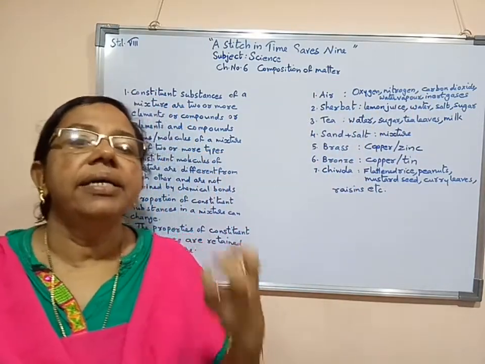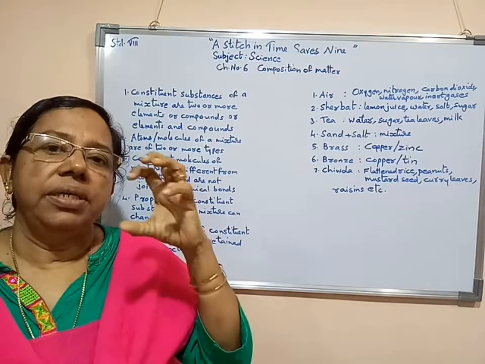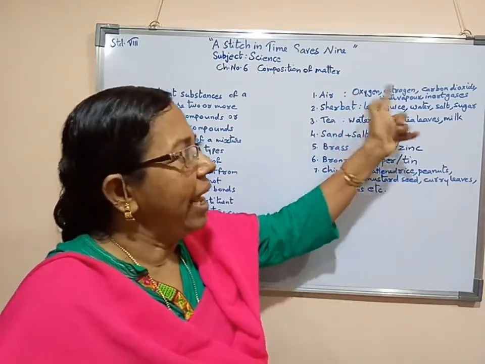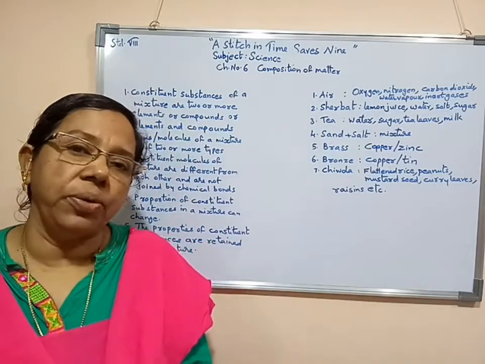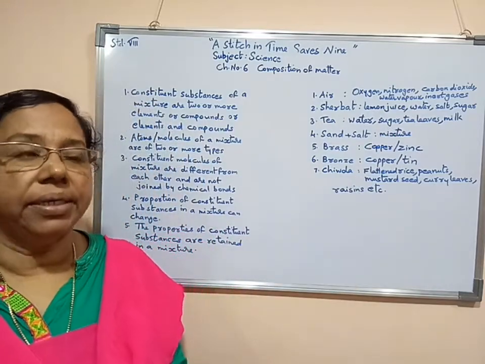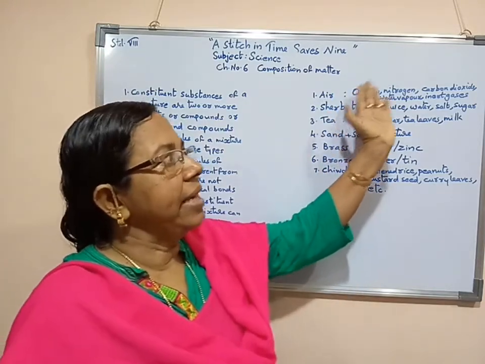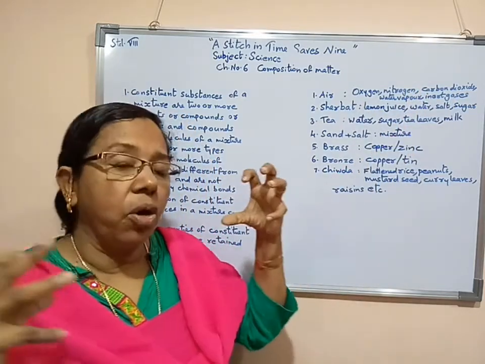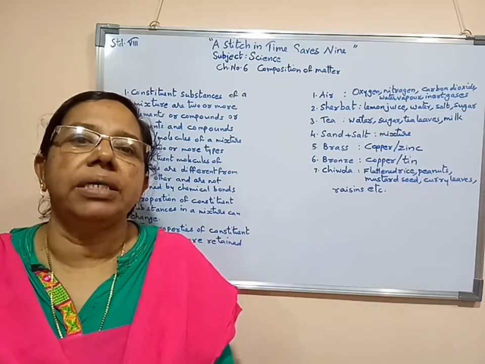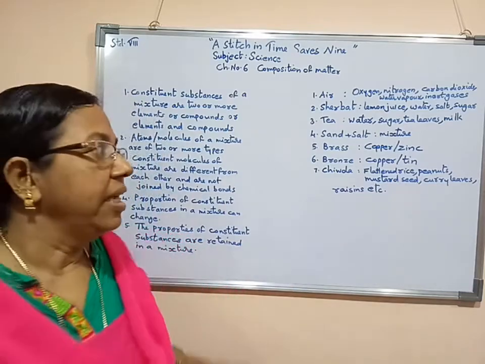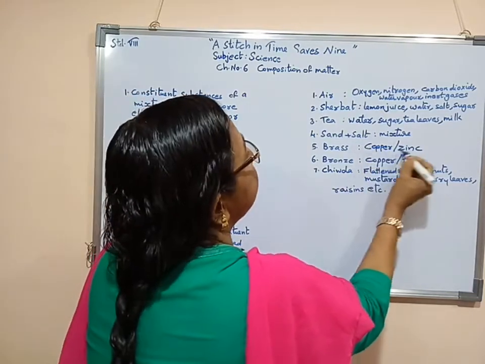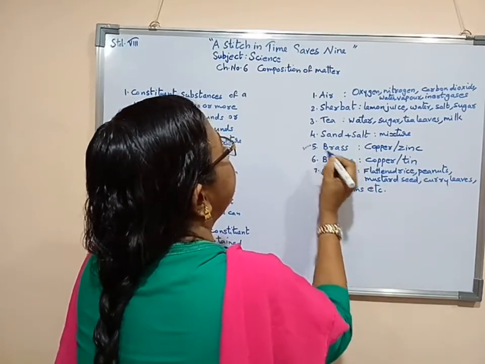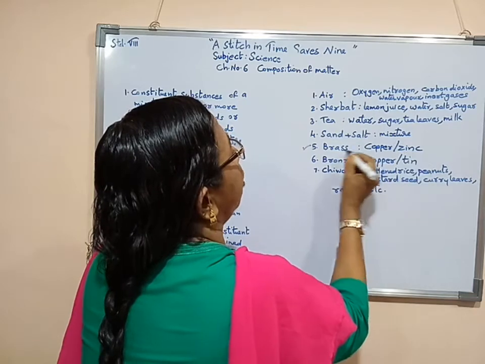So a mixture is formed by joining elements alone, two or more elements joined together, or elements and compounds joined together, or only compounds joined together. In the case of brass, only elements joined together.